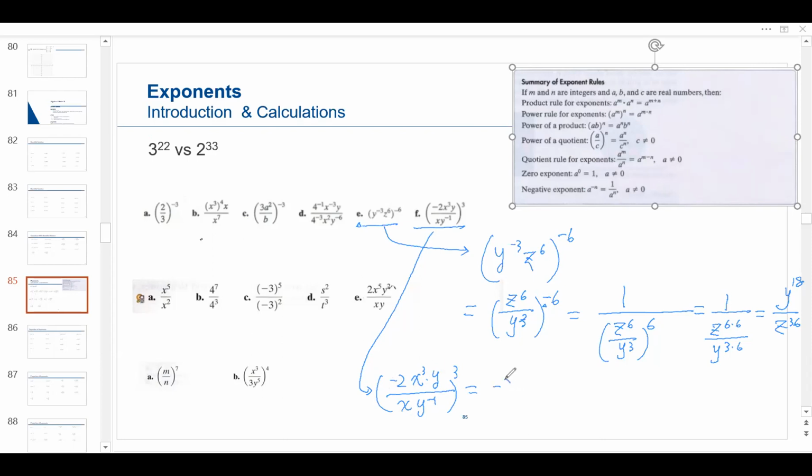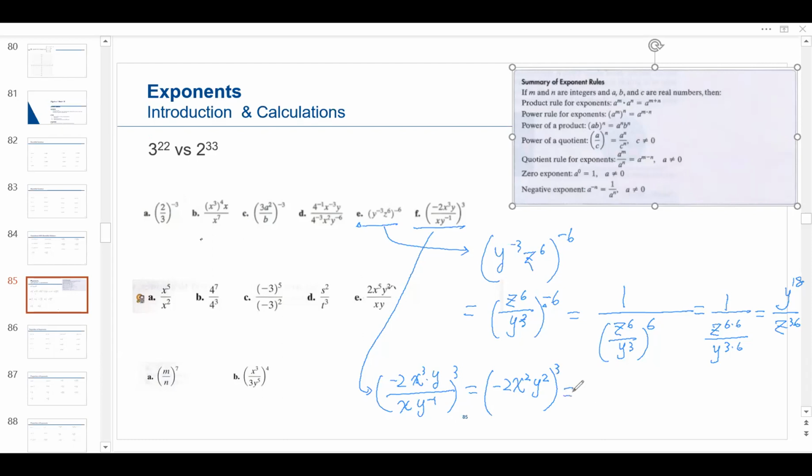So again, negative 2. For x, it's basically the same base, so we can combine. So x 3 minus 1 became power 2. Y, this is positive 1 minus negative 1. So actually it became power 2, right? So we simplify the base inside first.